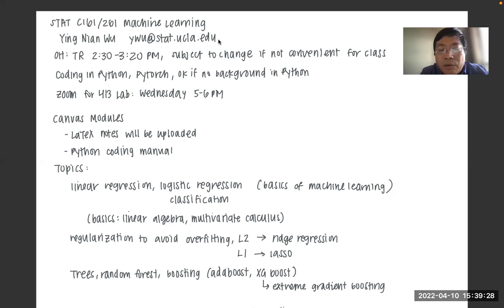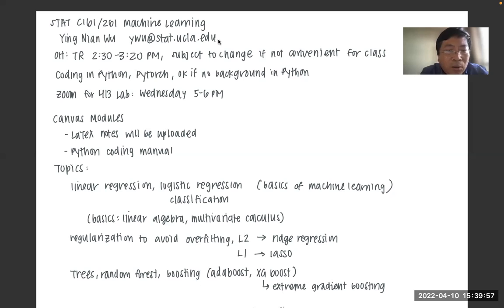I think Yaxuan also posted some of his materials under the files. So if you click files, you can also see some of the content. So I think both modules and the files contain the teaching materials. And I probably will transfer most of the things to the modules, so that those things are easy to locate.